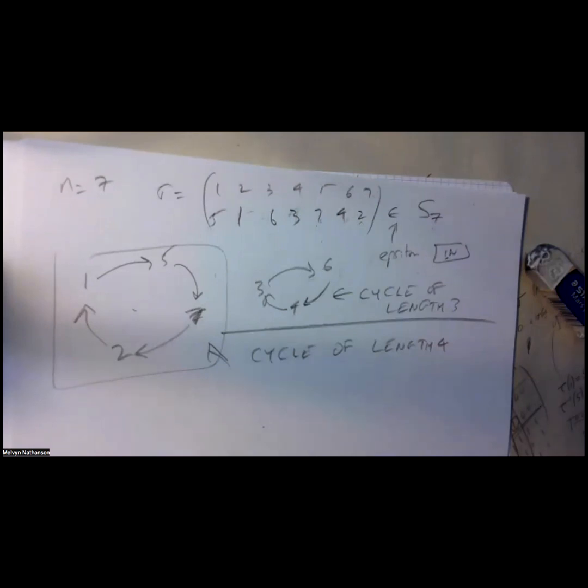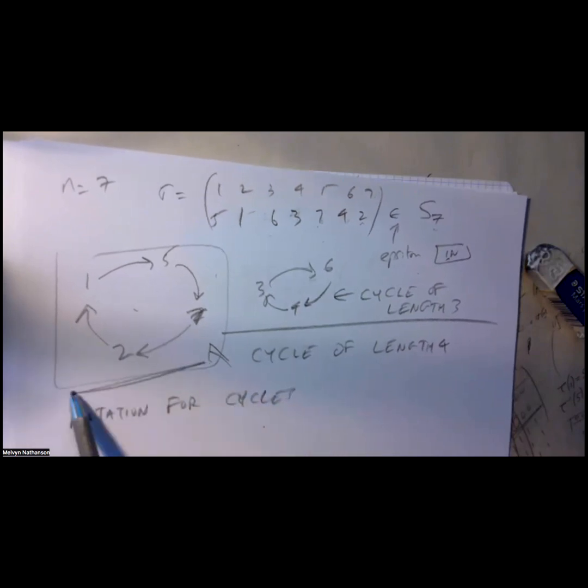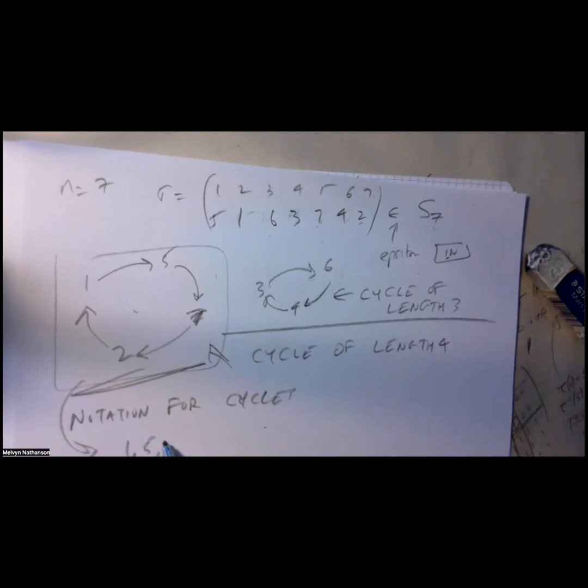And there's a special notation for a cycle. So this cycle, 1 goes to 5, goes to 7, goes to 2, goes back to 1. So that's the permutation that sends 1 to 5, 5 to 7, 7 to 2, 2 back to 1.